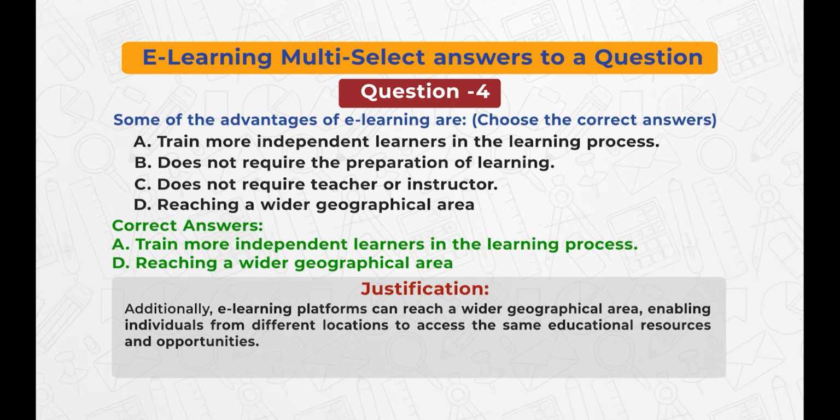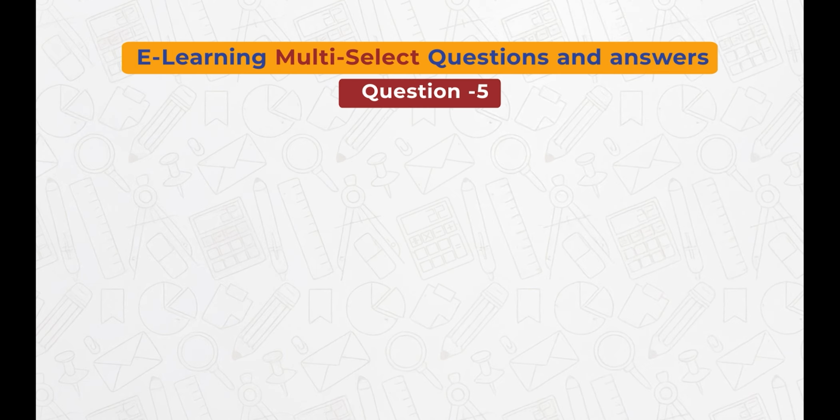The e-learning platform can also reach a wider geographical area, enabling individuals from different locations to access the same educational resources and opportunities. This type of question we will also convert into the eXe tool.